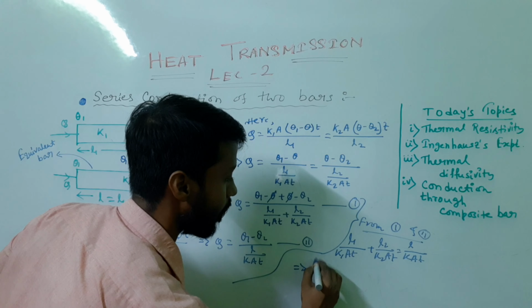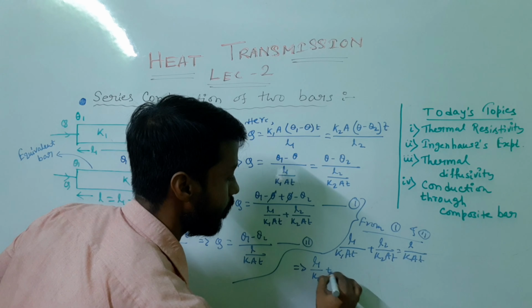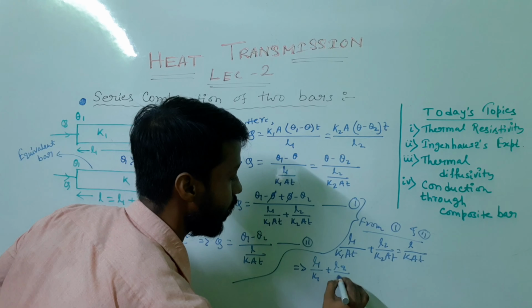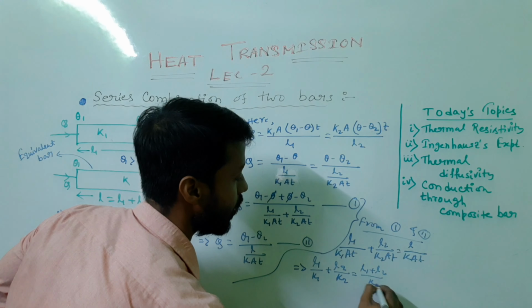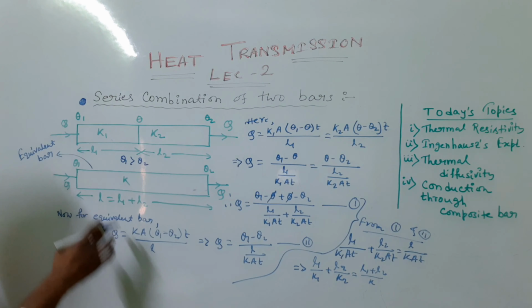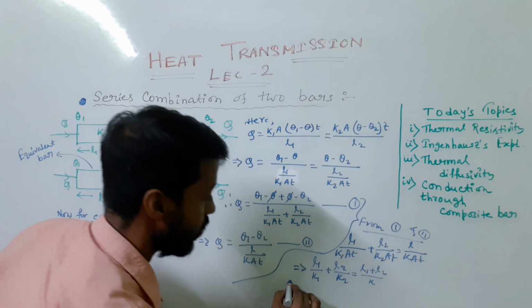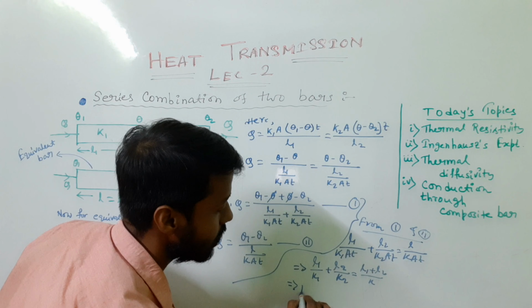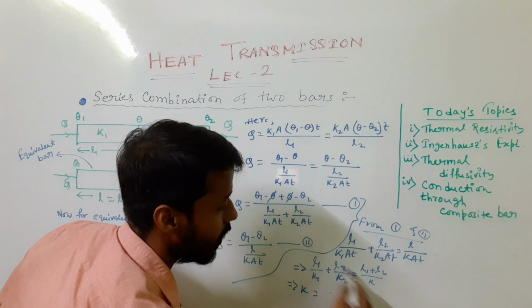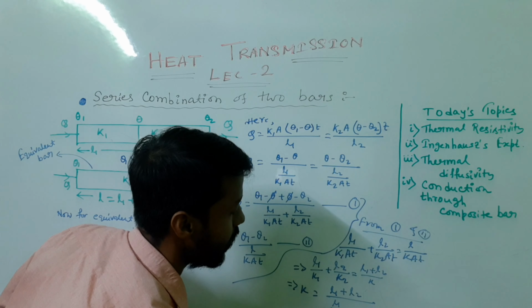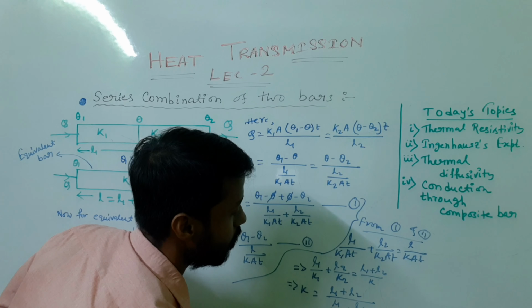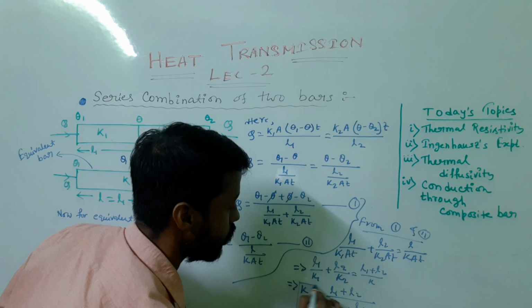Thus L1 by K1 plus L2 by K2 will be L1 plus L2 by K. Simply L is L1 plus L2. That means K can be written as K equals L1 plus L2 by L1 by K1 plus L2 by K2.